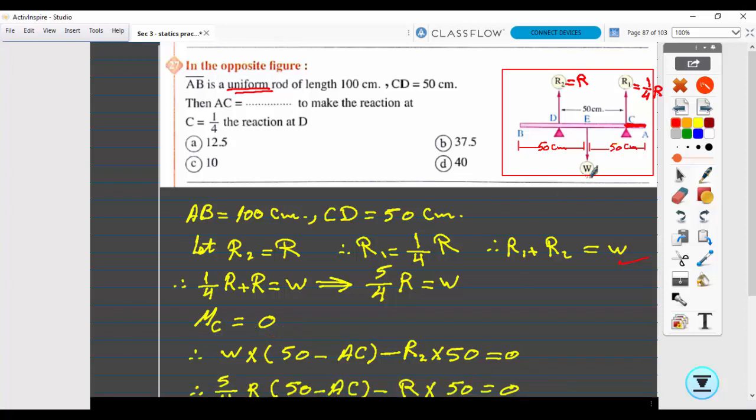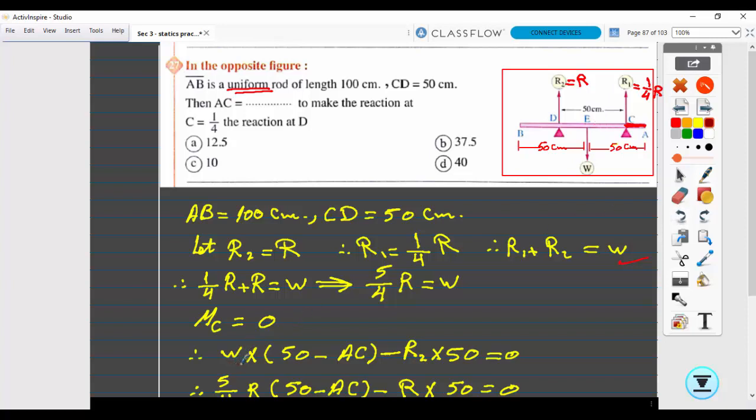Now W multiplied by the length EC. EA equals 50, so EC equals 50 minus AC. Okay, it's clear.